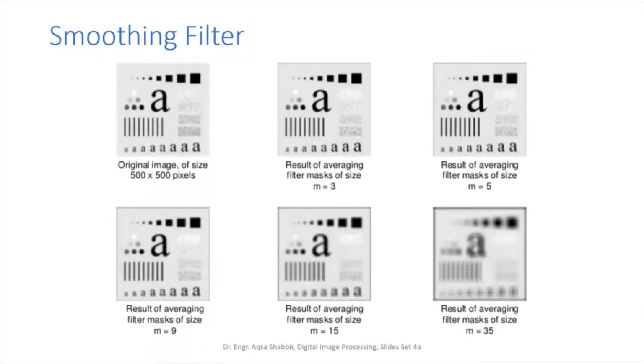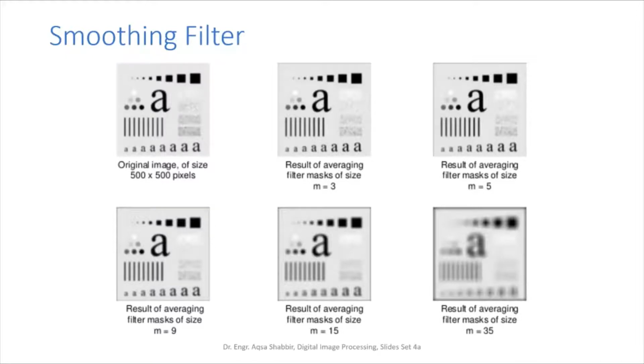For m equals 3, we notice a general slight blurring throughout the entire image. For m equals 5, it is somewhat similar to the figure for m equals 3 with a slight further increase in blurring. For m equals 9, we see considerably more blurring.